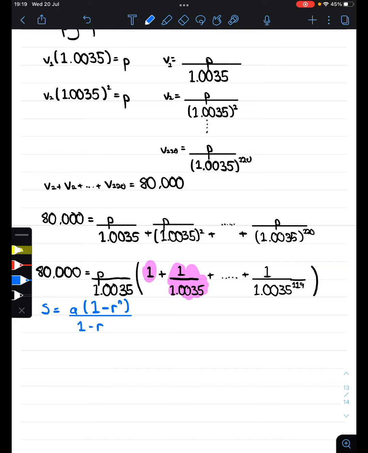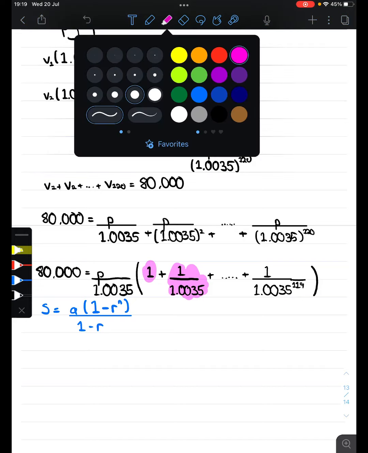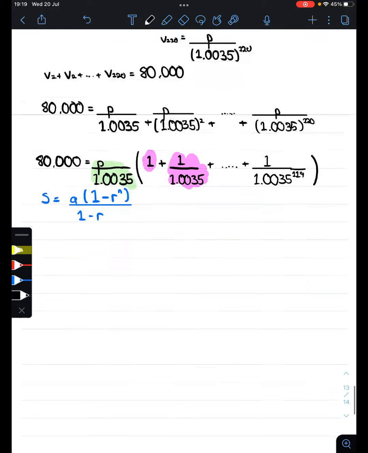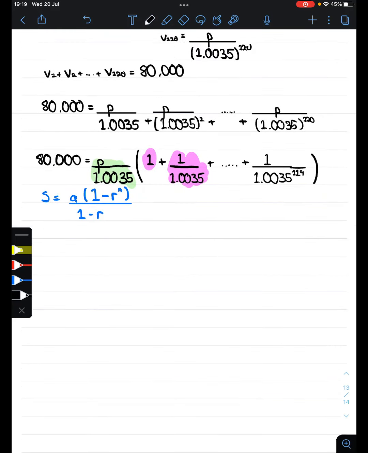Then we've taken out a factor here, so we can just put that back in. So 80,000 is equal to P over 1.0035, all by 1 minus the ratio to the n.